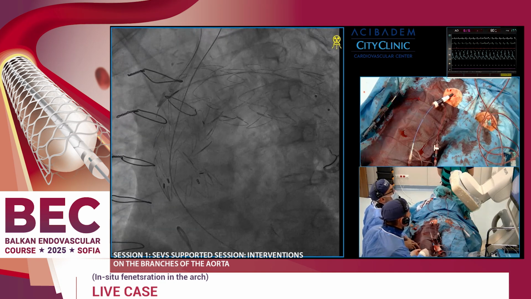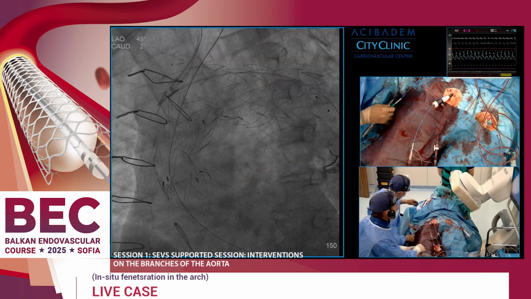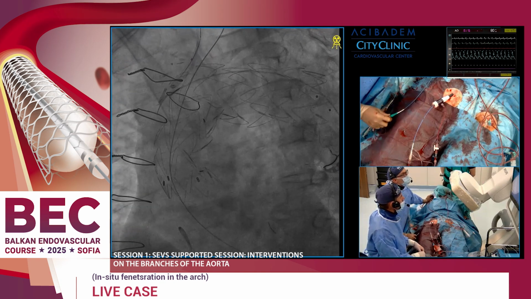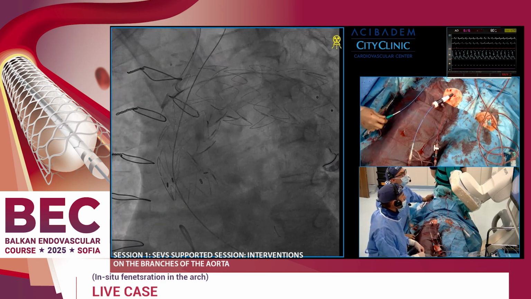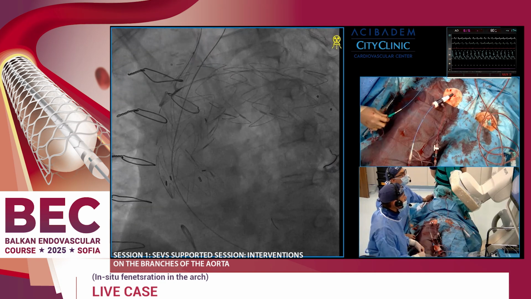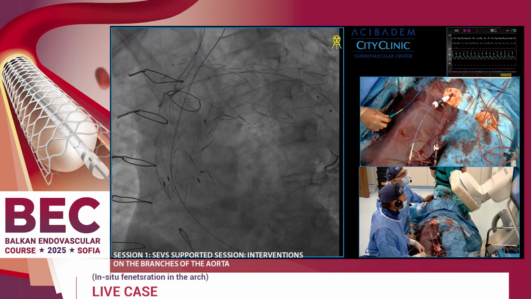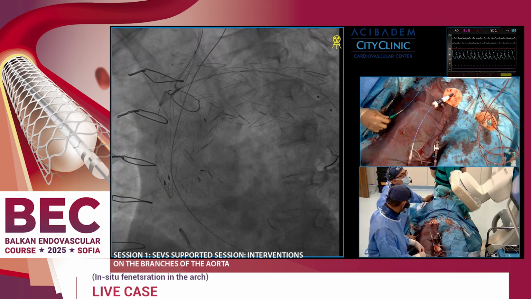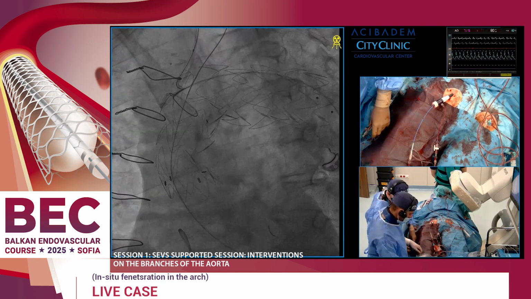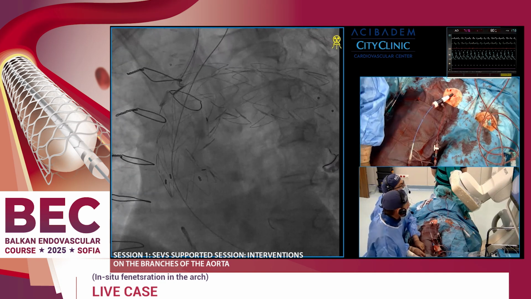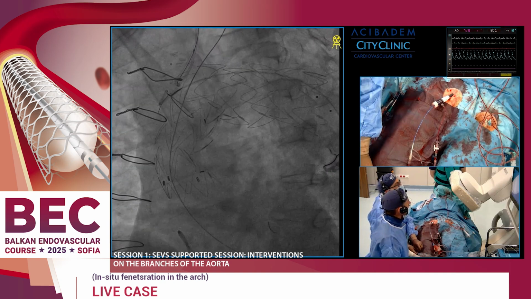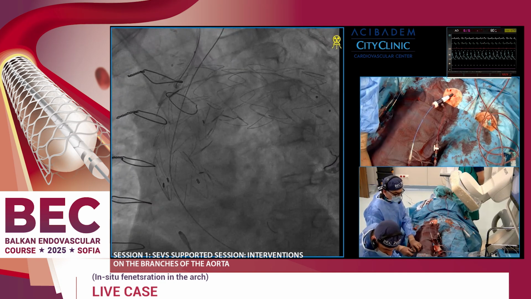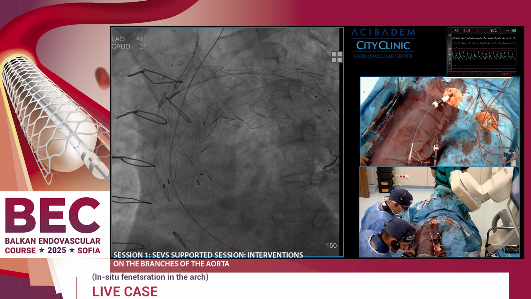Okay. Let's change a little the position. We are playing a little with the catheter in order to... Okay. Is it good? Microcatheter. Yeah. It's not good. It's not bad. Perfect. Okay.